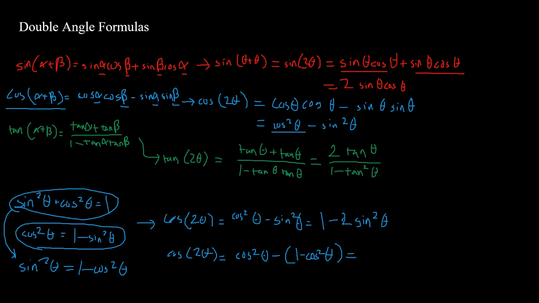If we simplify all this, you're going to get a minus 1 and then a plus cosine squared theta, because you're subtracting a negative term, so it's the same as adding that term. So this is just going to be equal to 2 cosine squared theta minus 1. Those are the alternate forms of the double angle formulas for cosine, and you'll find them to be very useful later. Now that is pretty much all there is for the double angle formulas.